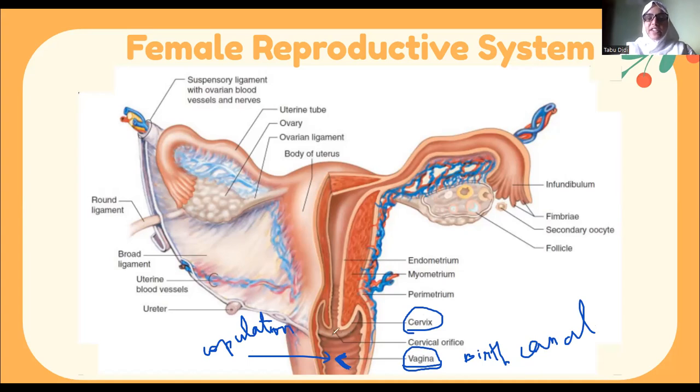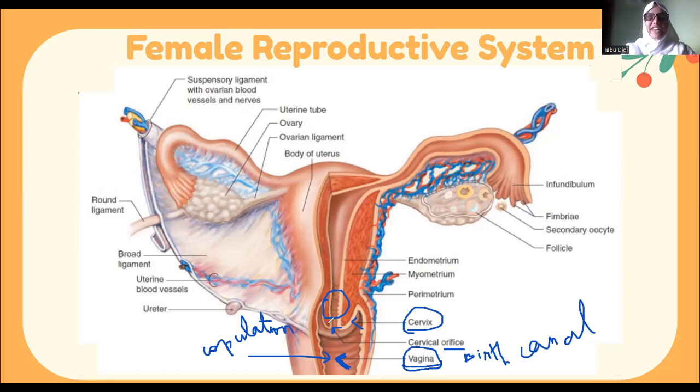Fine. Then this vagina opens into another opening known as the cervix. The opening point is known as the orifice. This part is the cervix, and the opening point is known as the orifice.